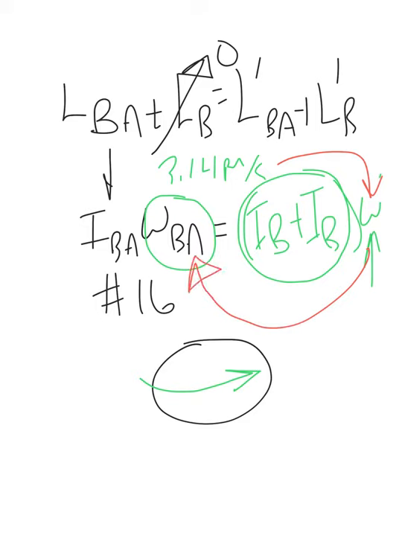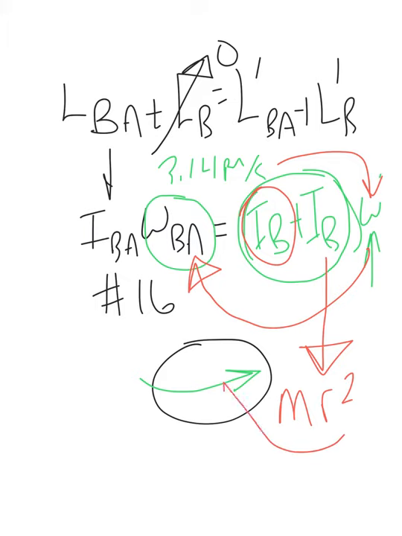So if you saved that separately, you already have the I of the ball from number 16. You've got to calculate the I of the bug. With the I of the bug, you're just going to use mr squared, but make sure that you use the radius of the ball, because that bug is sitting on the outside of that spinning tennis ball.